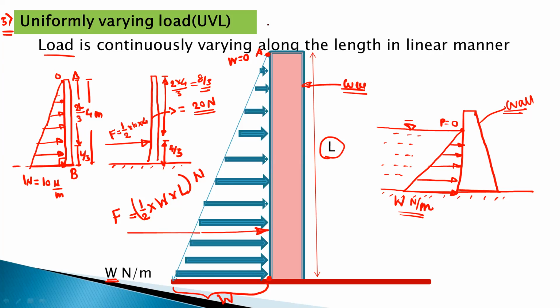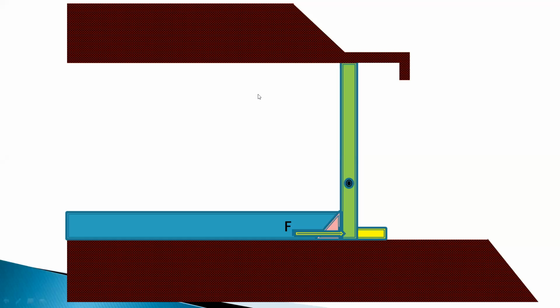So if you have any doubt, with the help of this animation you can understand how the UVL acts on any structure. So this is the example of the automatic gate opening mechanism for the water dam.